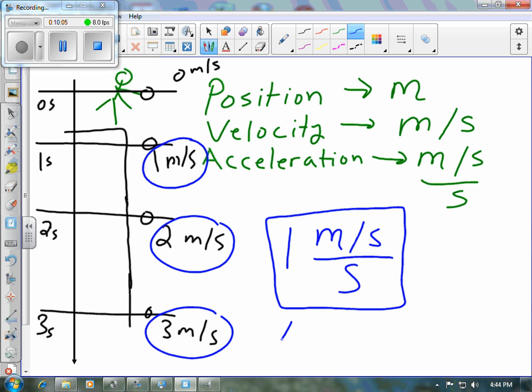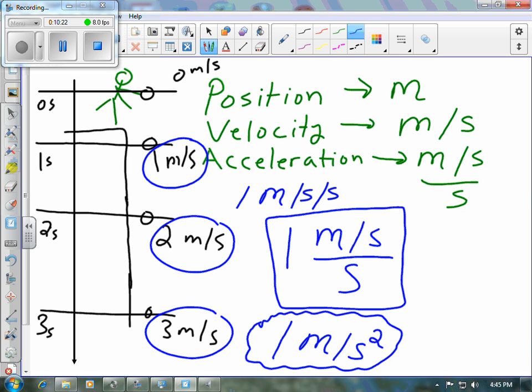I'll do it down here. 1 meter per second squared. It can also be written 1 meter per second per second, but you don't see that very often. This is really the correct way of writing it. Okay? But the idea is you're gaining a meter per second every second. And we're there, 10 minutes.